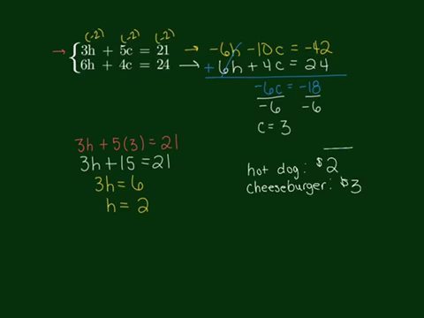So this is our solution to our system. And if we went back and we plugged it into both equations, so does 3 hot dogs and 5 cheeseburgers cost $21 if hot dogs are $2 and cheeseburgers are $3? And then does 6 hot dogs plus 4 cheeseburgers equal $24? Again, if hot dogs are $2 and cheeseburgers are $3.